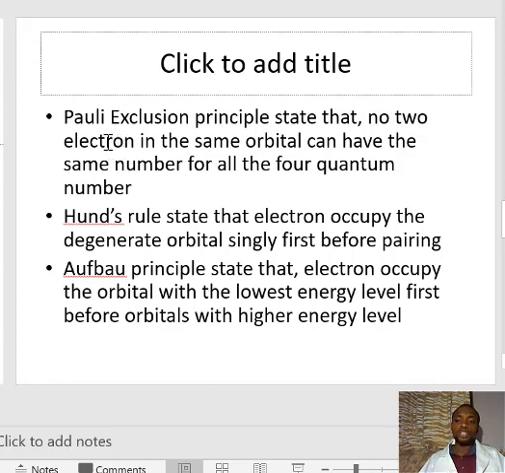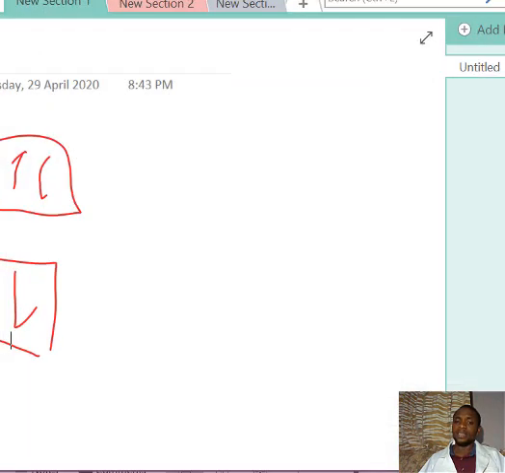The first theory is Pauli's exclusion principle, which states that 2 electrons in the same orbital can never have the same number for all the 4 quantum numbers.